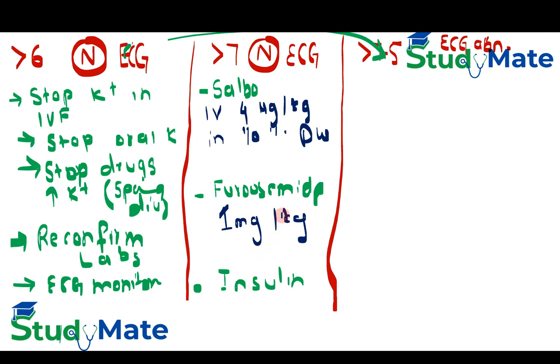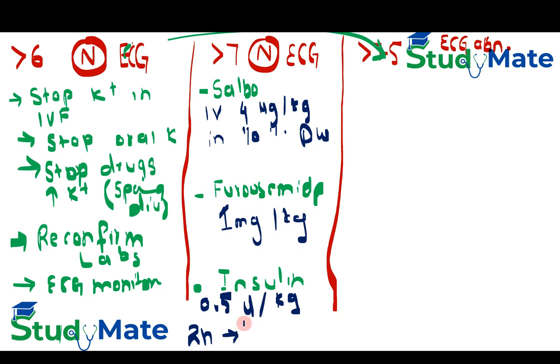For insulin, you need to remember that insulin needs to be given with glucose. And the dose is 0.5 units per kg. And what needs to be done is that glucose needs to be monitored for 2 hours total, during the infusion and 2 hours after the infusion.